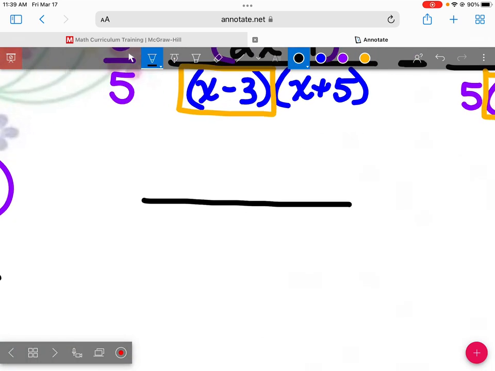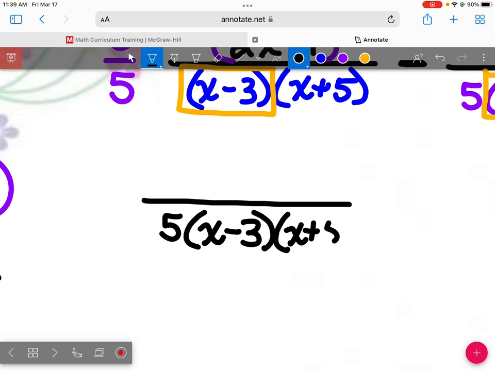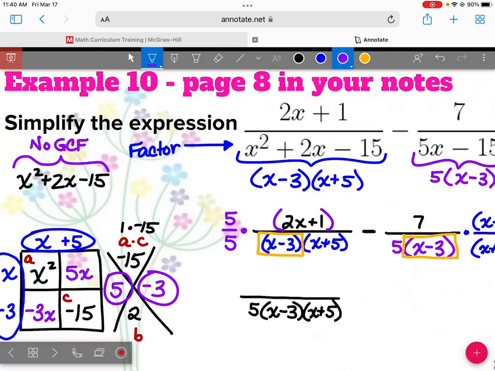All right. Let's simplify each of these fractions. I have 5, x minus 3, x plus 5. I'm multiplying this together, right? Guys, stay with me, please. That means I have to multiply 5 with this entire numerator. 10x plus 5, yes.